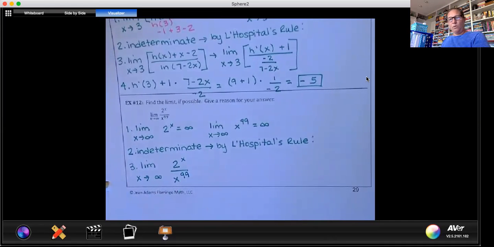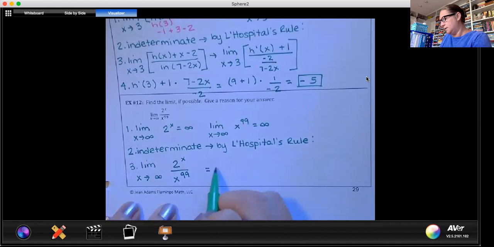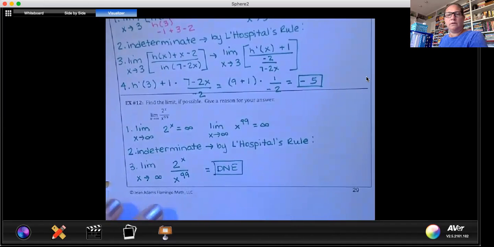So if we were to take this and find each derivative, and find each derivative again, and find each derivative again, what's going to happen is it's not going to change our values. So we can just say this value does not exist because we are going to continue and continue and continue to get infinity.